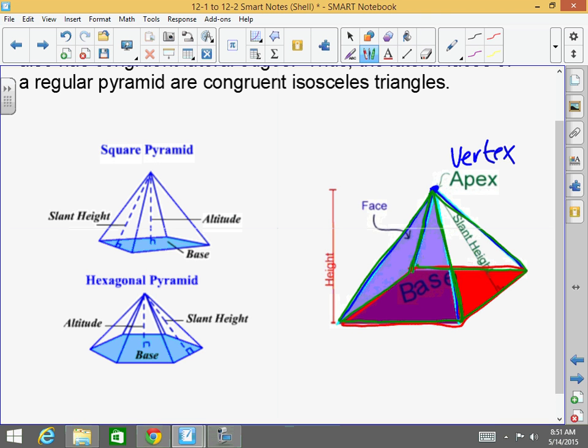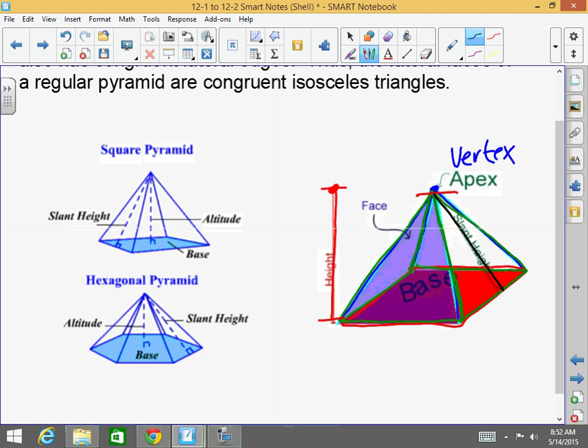The height of a pyramid is the height from base to apex or vertex. And then there's another part here. It's called the slant height. The slant height is the height of the triangular lateral face.